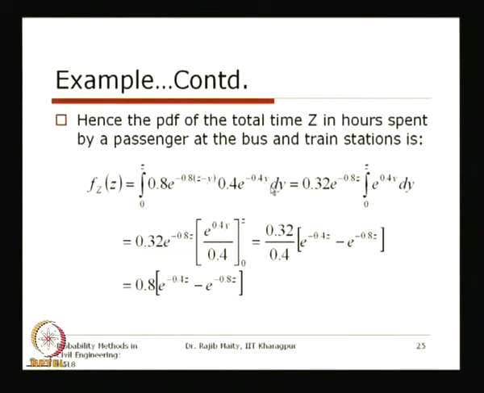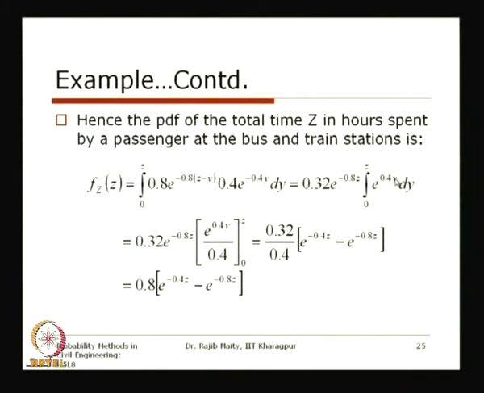If we follow a few steps of this integration, we can take out 0.32 e power minus 0.8 z, and the integration over 0 to z of e power 0.4 y. Here we take care of the 0.8 y as well as the minus 0.4 y, which gives 0.4 y.